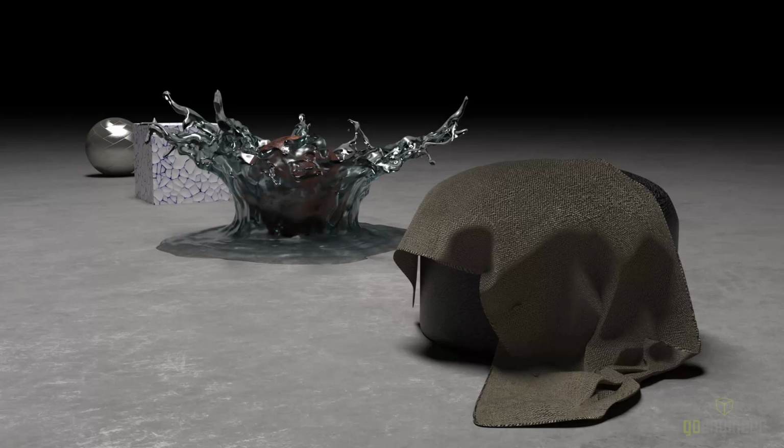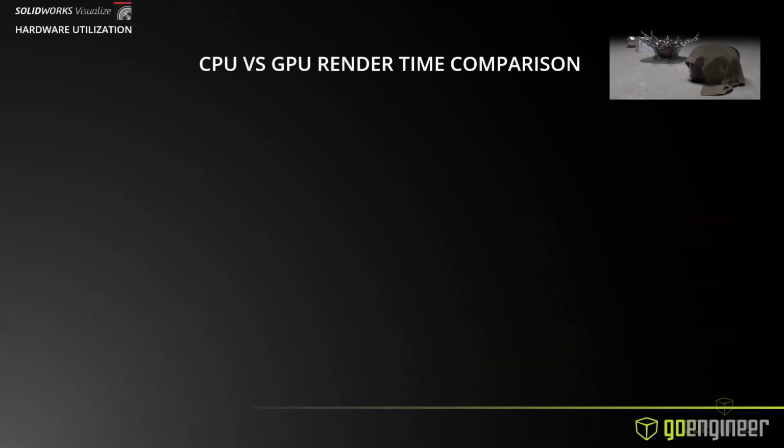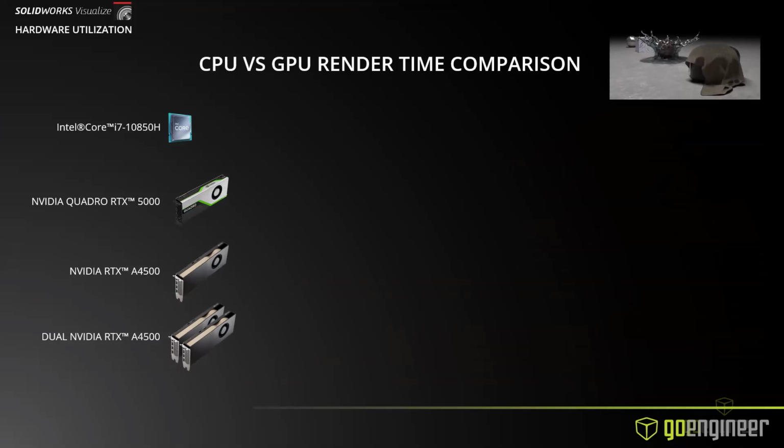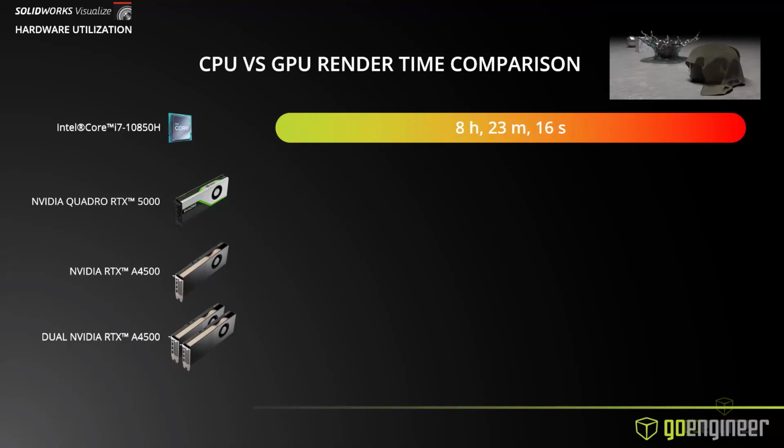Now, when I rendered this out utilizing only my CPU compared to just my GPUs, that's going to have a drastic effect on the time. In fact, when I used my CPU alone, it took 8 hours, 23 minutes, and 16 seconds. And if anybody's done any rendering before, you know this isn't uncommon, especially when it's utilizing a CPU.